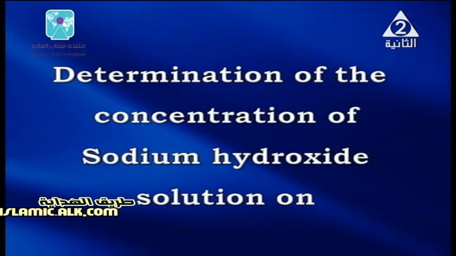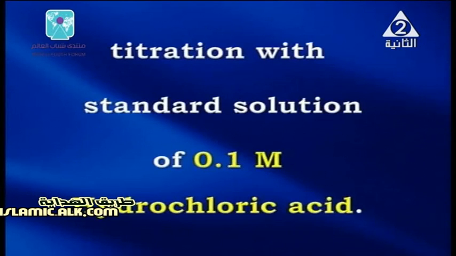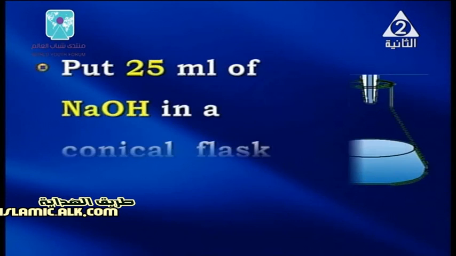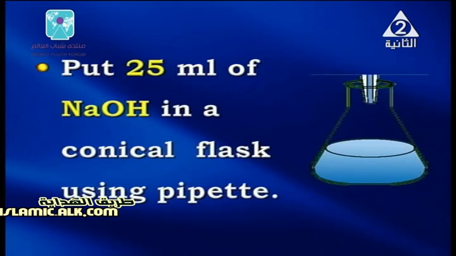Here, the determination of the concentration of sodium hydroxide solution on titration with a standard solution of 0.1 molar hydrochloric acid. The steps: put 25 milliliter of sodium hydroxide in a conical flask using a pipette.